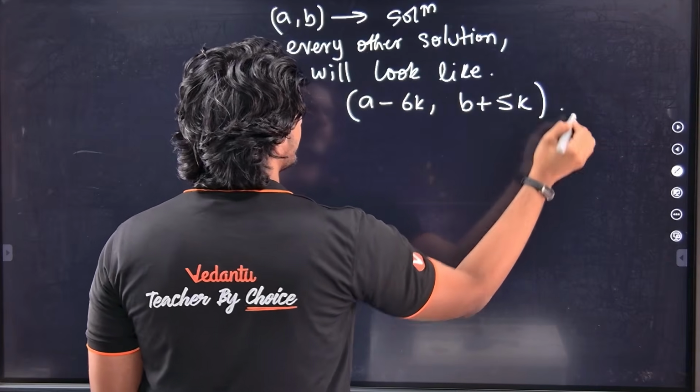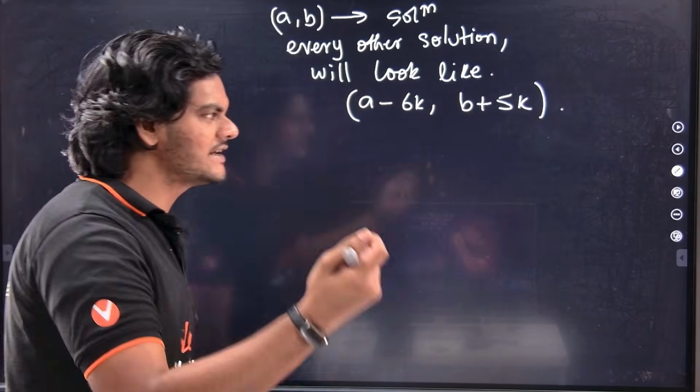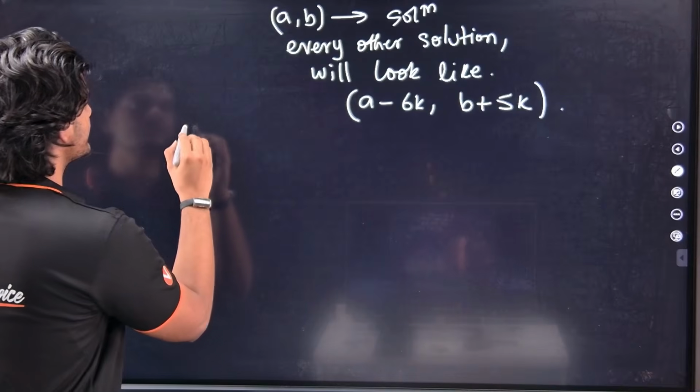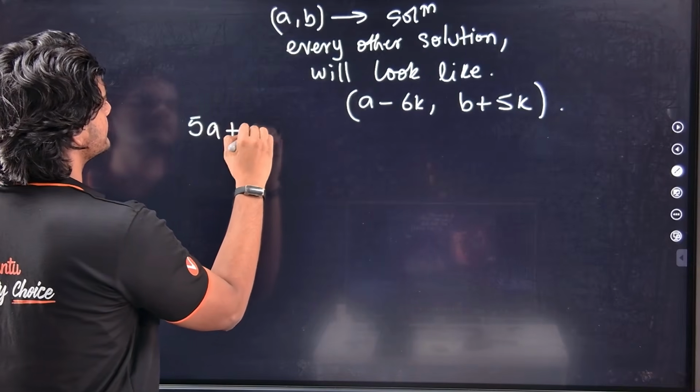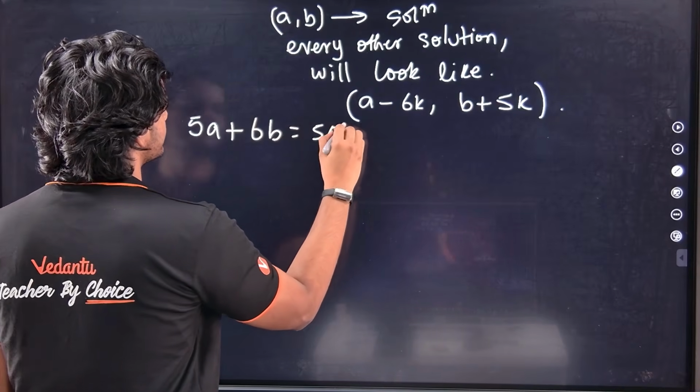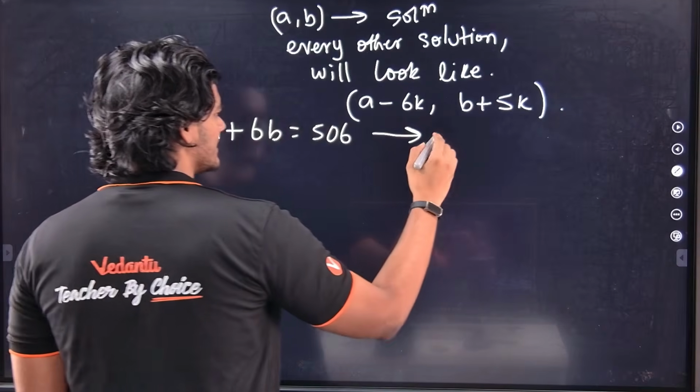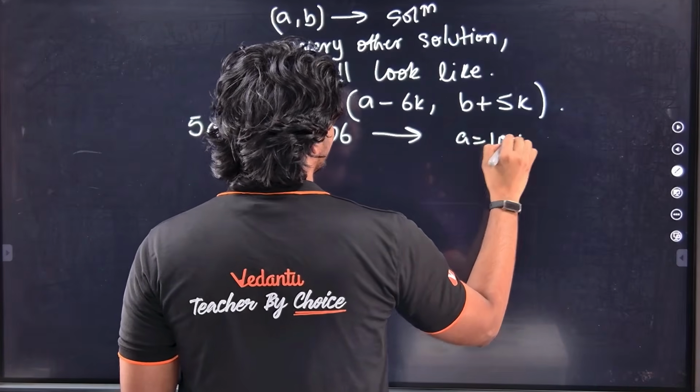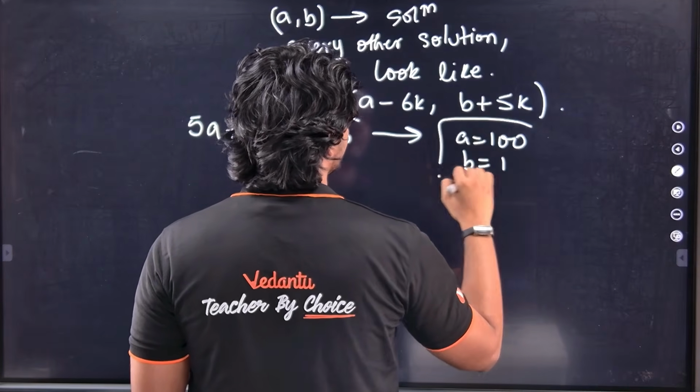All right. Now, we need one initial solution. What would be one initial solution if 5a plus 6b equal to 506? Obviously, one can directly see a equal to 100 and b equal to 1 will be a solution.